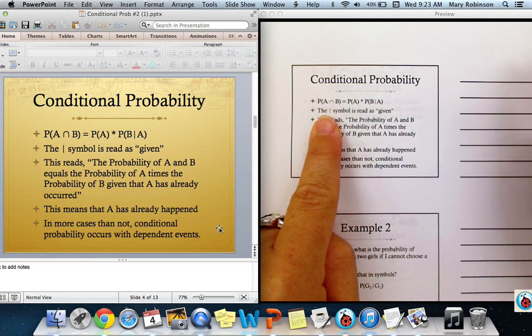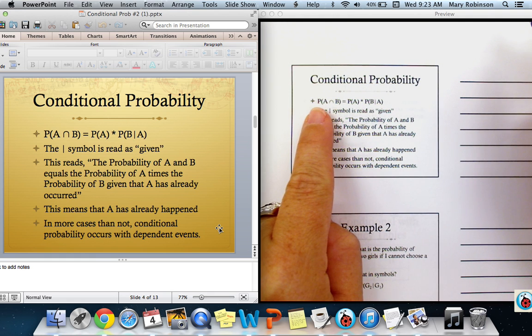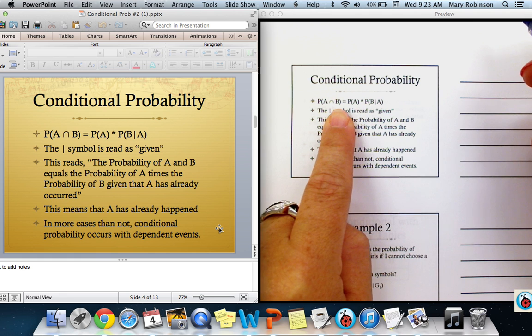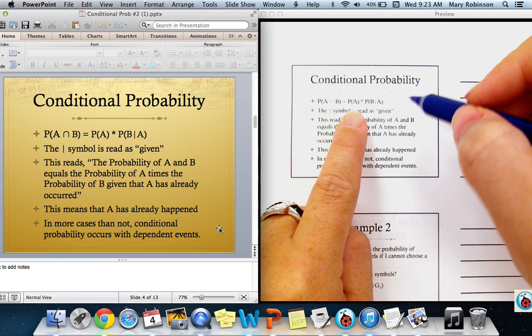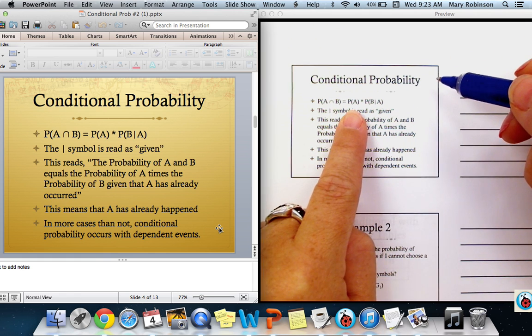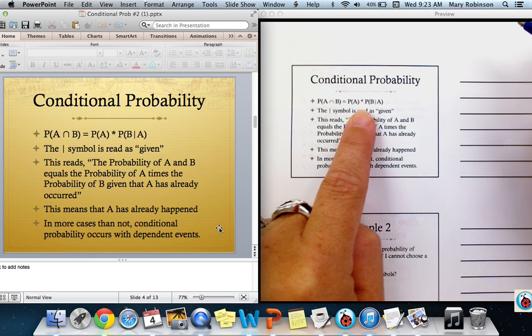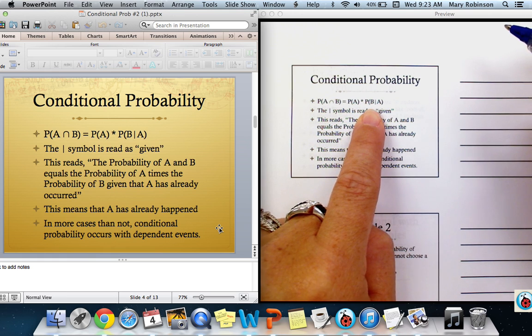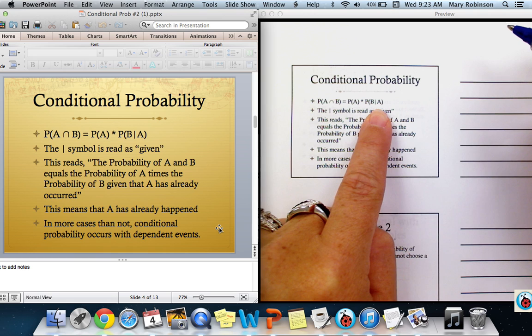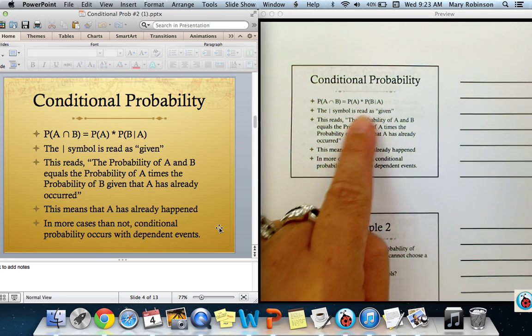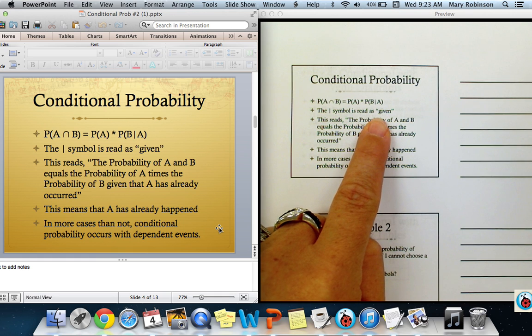So we've read this before. This is read as the probability of A intersection B. For conditional probability, because it is based on dependent events, we need to understand that we are now multiplying the probability of A times the probability of B given that A has occurred. If you see this vertical line here, what it represents is "given." So this symbol is read as "given."